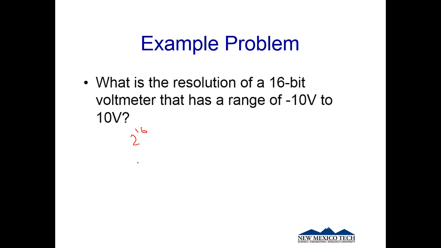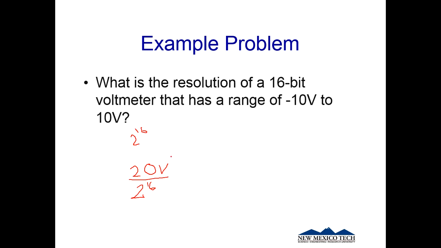I don't have a calculator handy. And then we could also say our range here, 10 volts minus negative 10 volts, we'll say it's 20. 20 volts divided by 2 to the 16 states. And I don't have my calculator, unfortunately, but you'll get that that's a really small number.